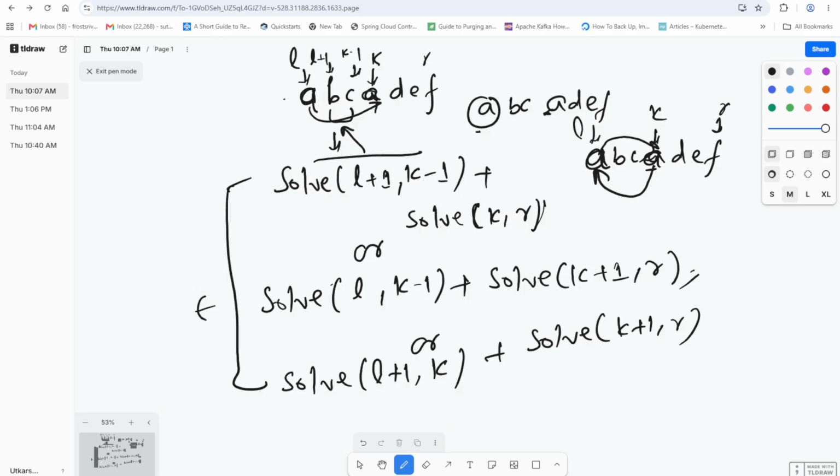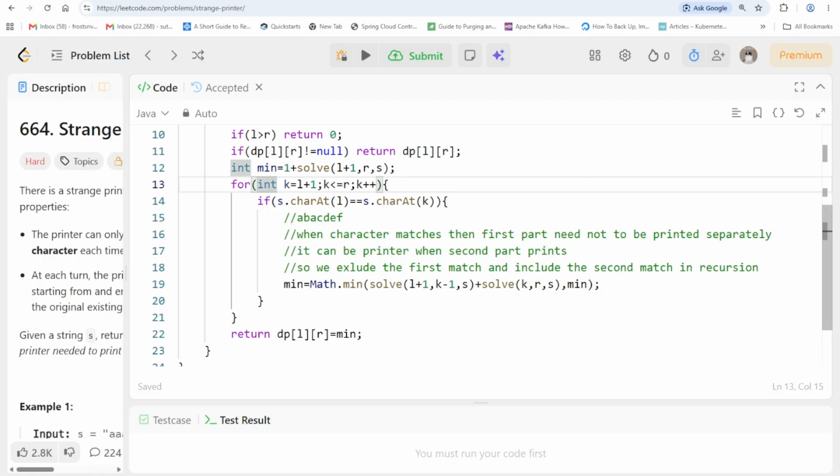So all these three are correct, they are basically different versions of saying the same thing. See here, we are iterating from L plus 1 to R. We are matching our character, and we are solving from L plus 1 to K minus 1 in one recursive call, and from K to R in another recursive call, and we are finding the minimum of all possible paths, right?